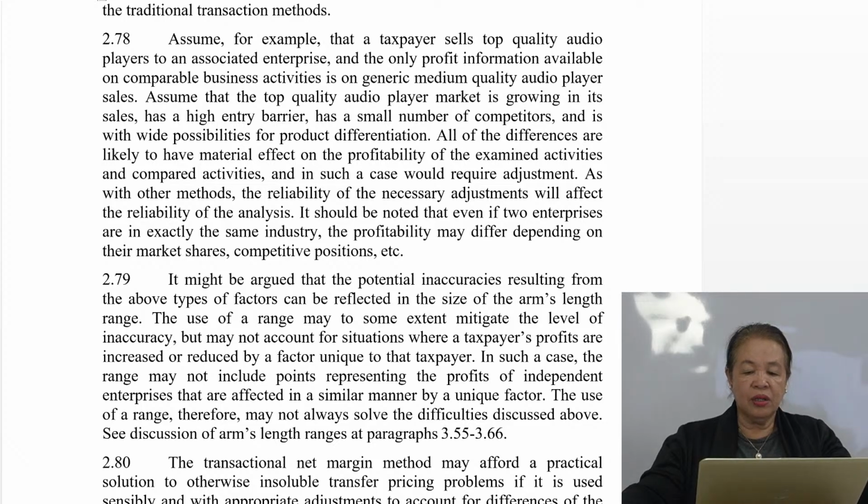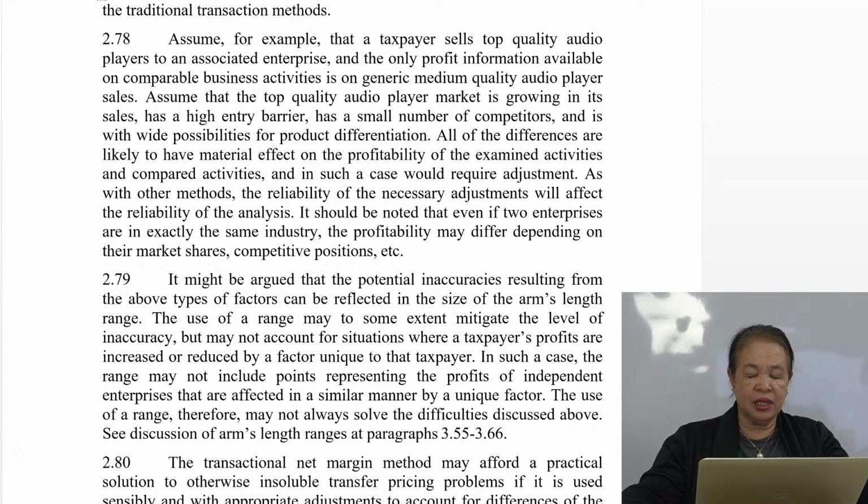So all of the differences are likely to have material effect on the profitability of the examined activities and compared activities. And in such a case would require adjustment. As with other methods, the reliability of the necessary adjustment will affect the reliability of the analysis.